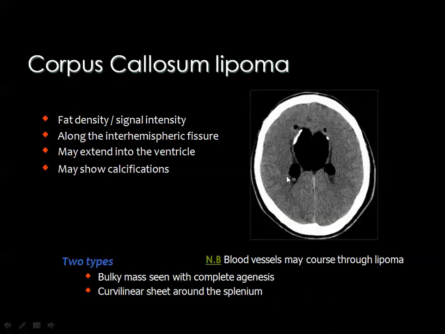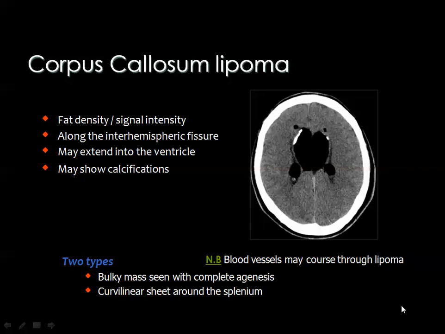These are the ventricles which are separated by this fat density with marginal calcification. Fat density or fat signal, high signal in the T1, intermediate signal in the T2, within the interhemispheric fissure, may extend into the ventricles, may show calcification. And it's very important that you know that blood vessels may course through the lipoma.